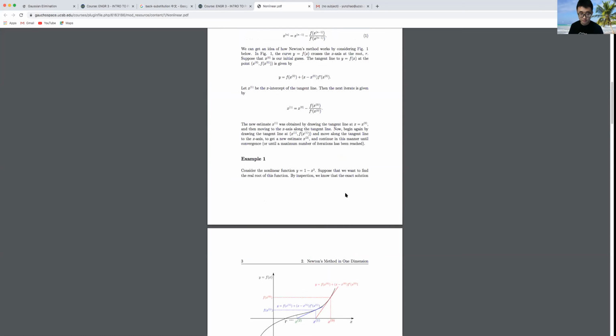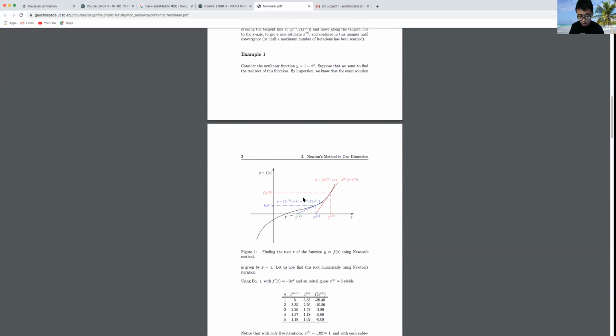But the common thing is we always start from an initialization.